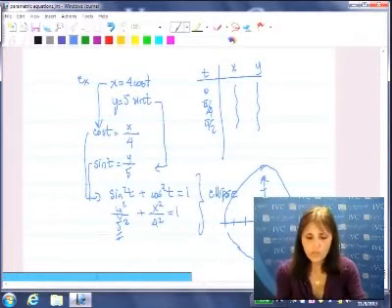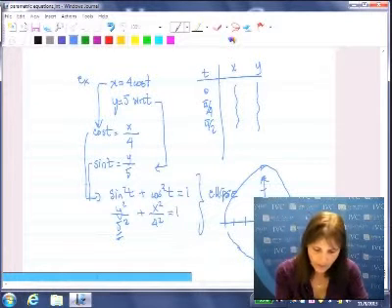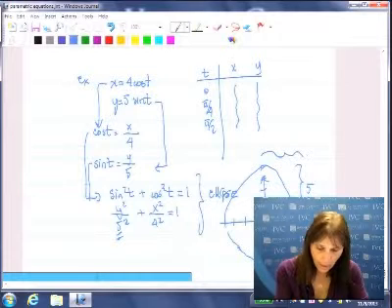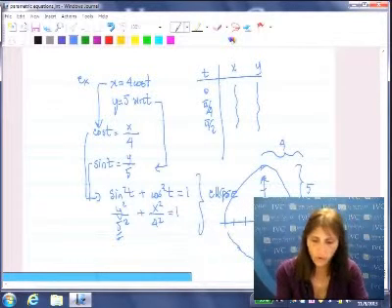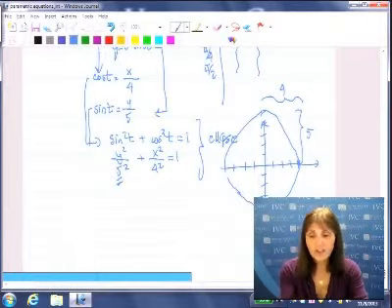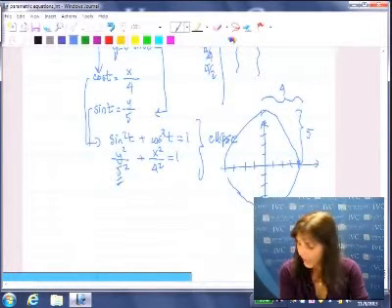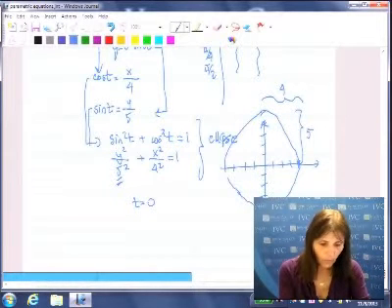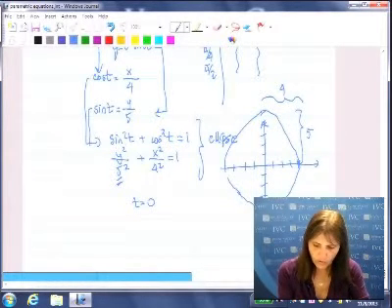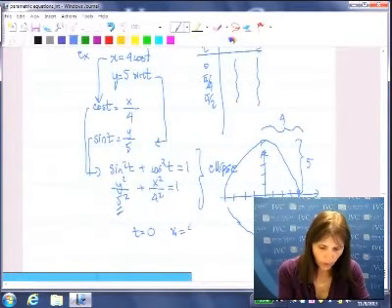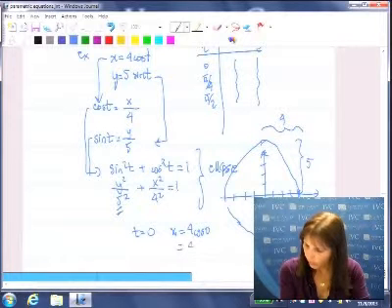Okay, now, usually people ask you, so this thing is 5, and it's the major axis, and this thing is 4. Now, people will ask you, which way does this go? So you can just plug in some values. Let's say t of 0. What is x equal to? x is 4 cosine of 0, and that is going to give you 4.